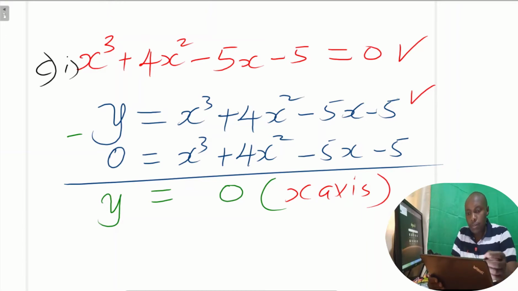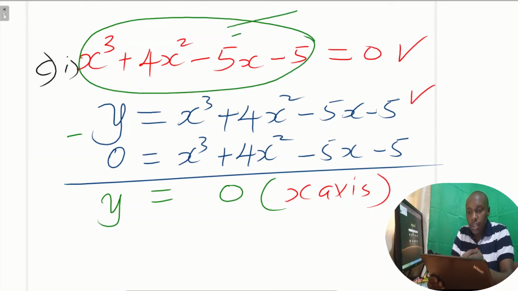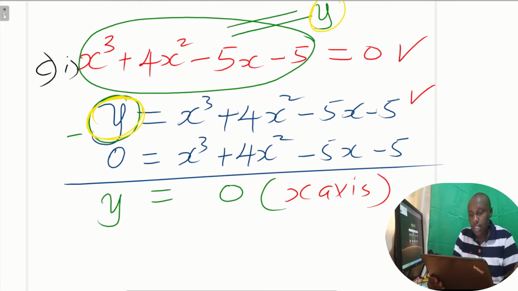Alternatively, for solving this, you don't need to use a simultaneous equation. You just need to know also that the whole of the left hand side of this equation, x cubed plus 4x squared minus 5x minus 5, is y.